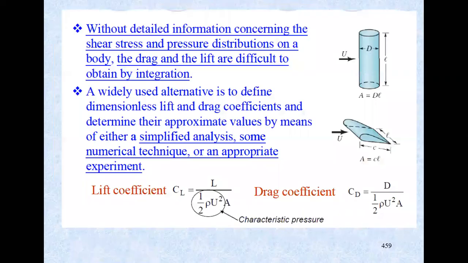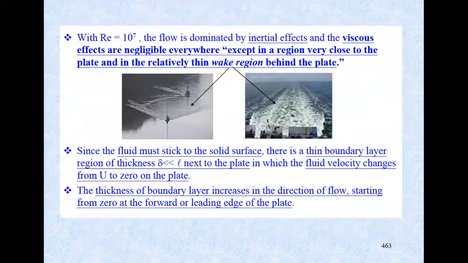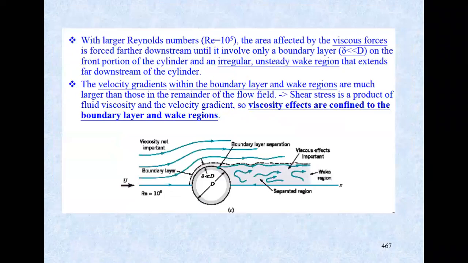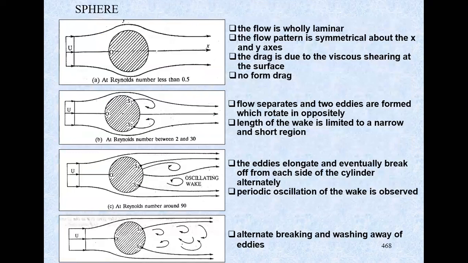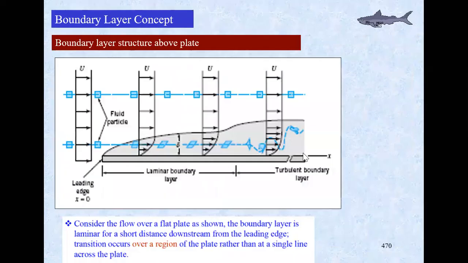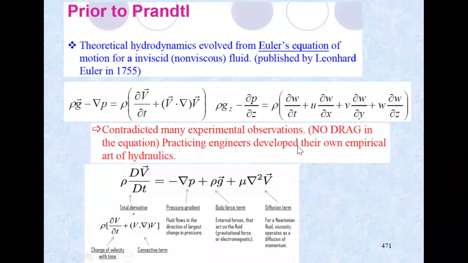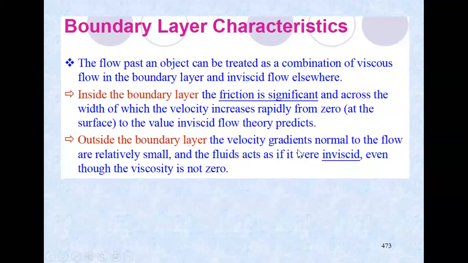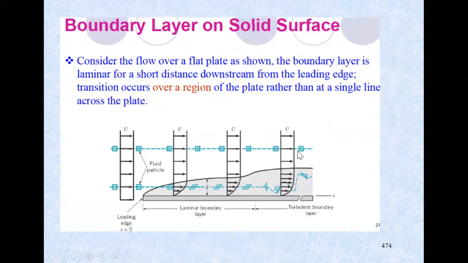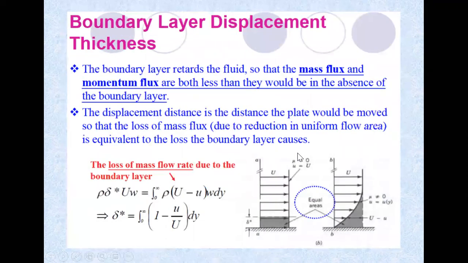Then we visited the boundary layer concept, until we reached the Blasius solution. Although we didn't discuss the derivation, we have given you the Blasius solution for the boundary layer equations.